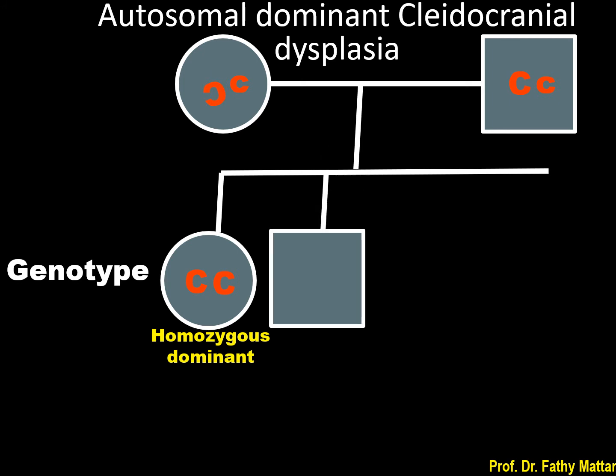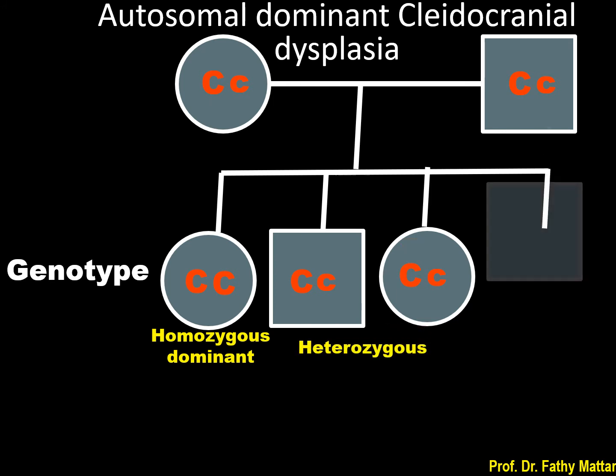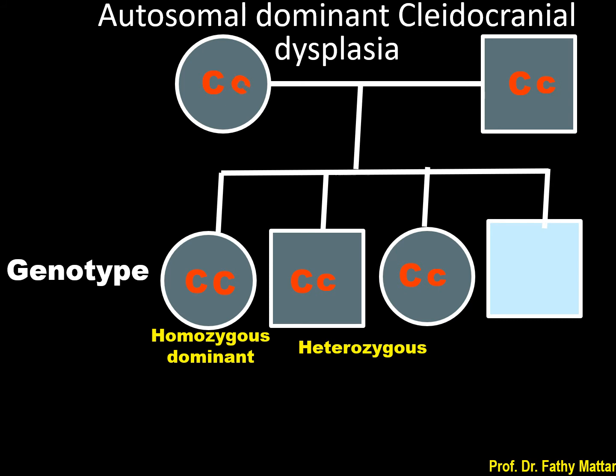Then a boy who will take the dominant from the father and the recessive from the mother, and another girl who will take the dominant from the father and recessive from mother. Finally, the final one will take the two recessive genes, as you see.